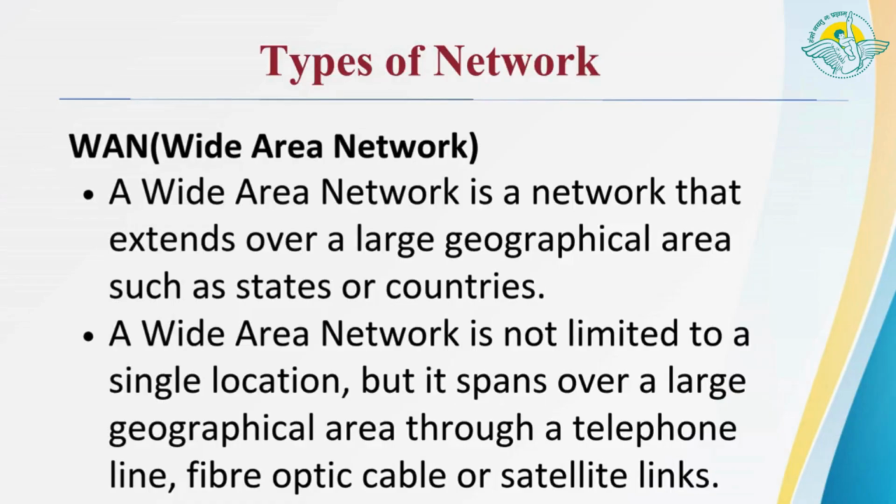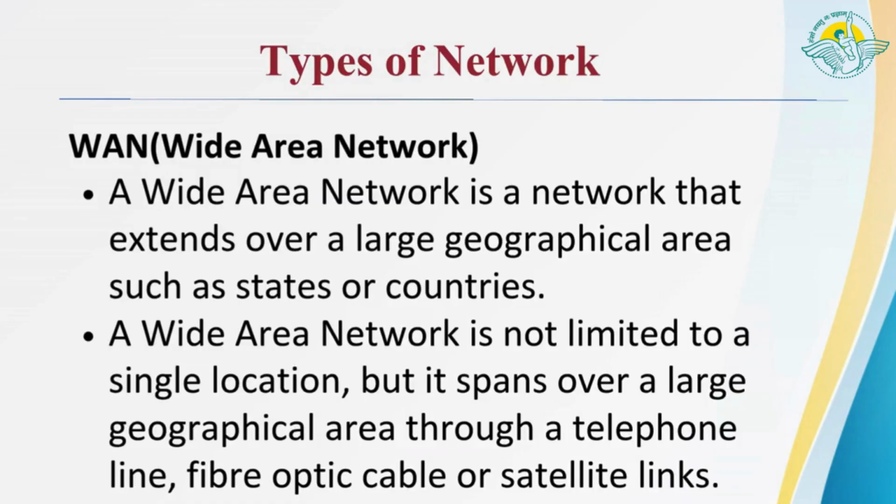So my dear students, we have connected the devices in our home, in the school campus, and in different branches of schools. Now we are going to connect the devices from one country to another country, from one continent to another continent.